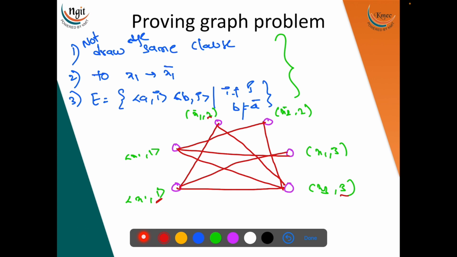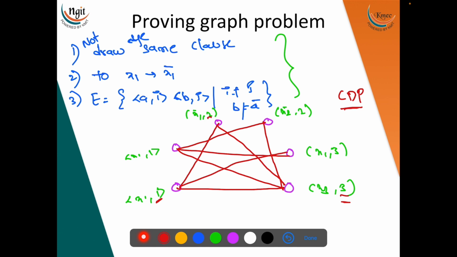Now the point is what? K is equal to 3, because we were taking 3 classes. If this is solved, then you can find the graph which is connected. That's what, right? What is CDP? We wanted to reduce this CDP problem. We wanted to find that CDP is NP hard.